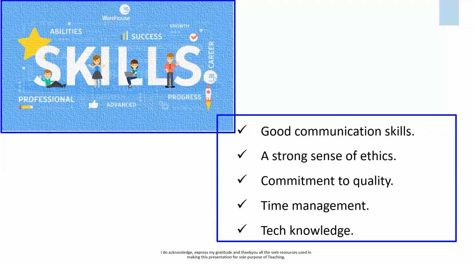So the supply chain manager should be a good technocrat. He should know what technologies are changing in the market. He should keep updating himself about the technology businesses. That will help him include the latest technology in the business models, in the supply chain, so that the supply chain becomes sustainable.